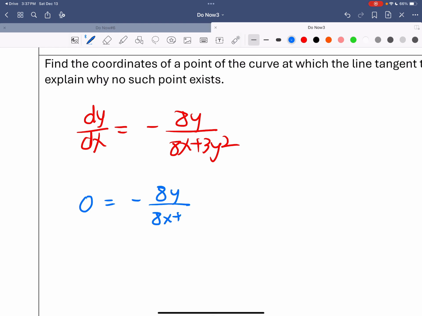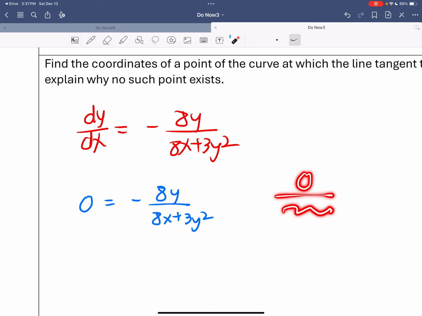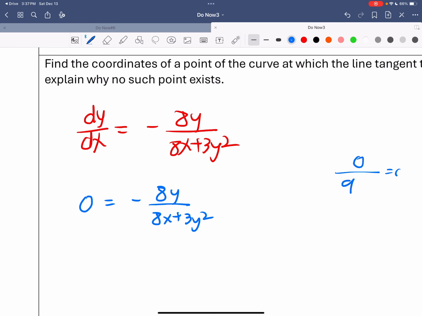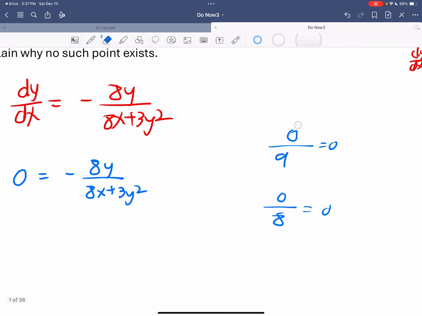If you're trying to find something that is a zero slope, I don't care what the bottom number is. What I know is if the top number is equal to 0, this entire thing is going to be equal to 0, right? For example, 0 over 9 is still 0, 0 over 8 is still 0. So I don't really care about the bottom number here.